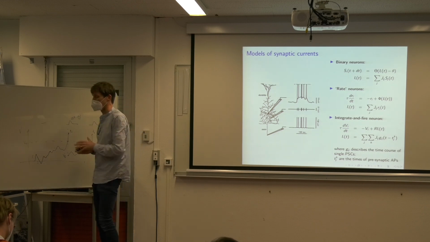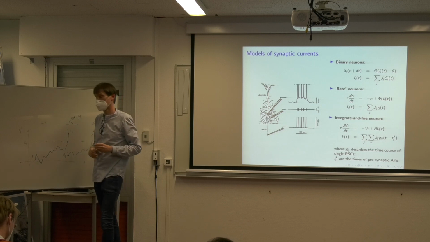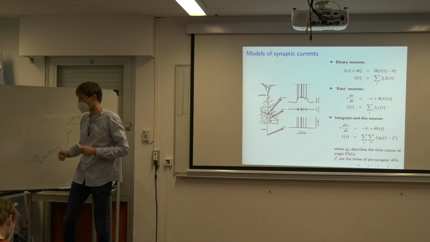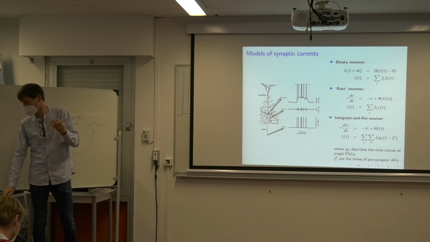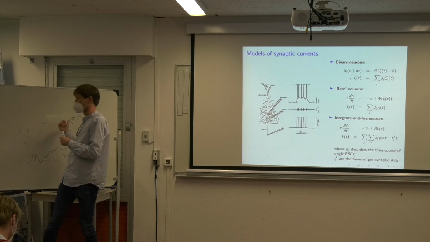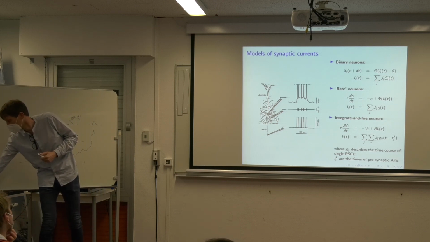People have used a variety of different types of functions. The simplest one would be just a delta function, but we can use basically any function we like, especially in simulations. A difference of exponentials can fit data relatively well.